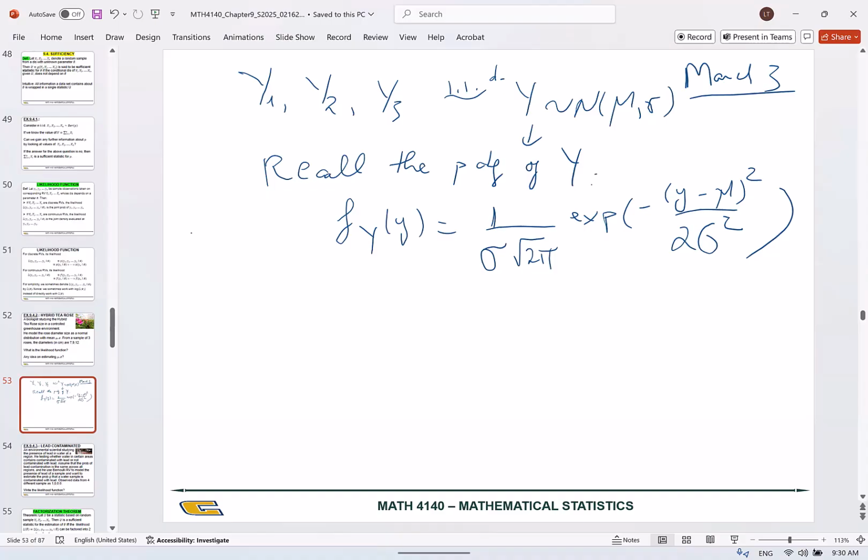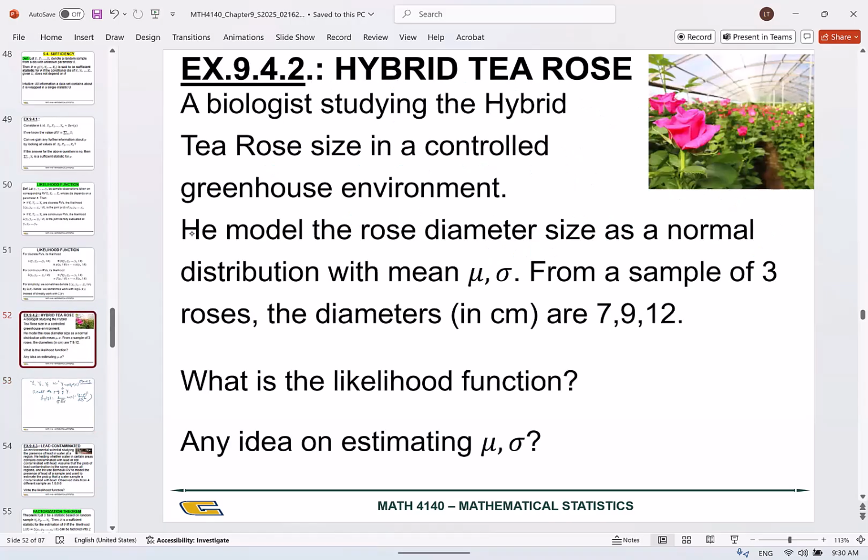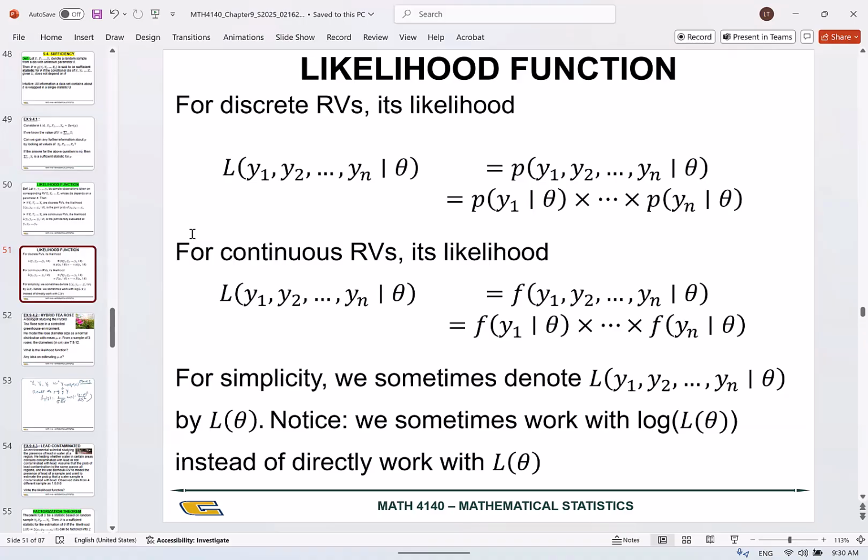So this is the PDF of the normal distribution with mu and standard deviation sigma. Now because the question asks us to write the likelihood function for this case, where you have 3 observations, here we have a continuous distribution case. So basically our likelihood function will be in this fashion.